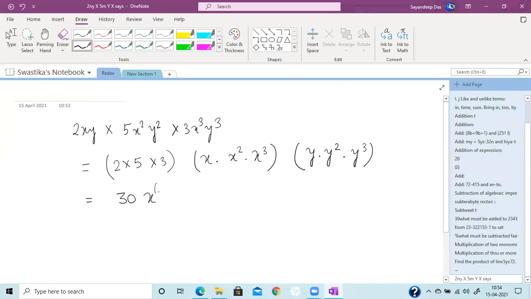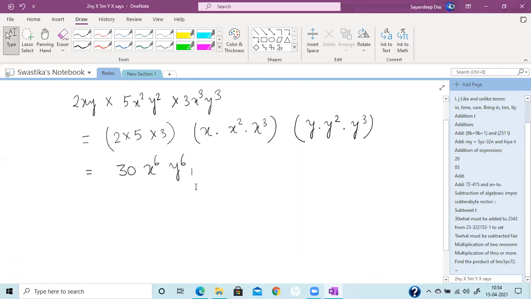So x to the power 6 into y to the power 6 is the answer. So at a time you can also multiply. You can check this by multiplying these two first and then multiplying the third, you will get the same answer.